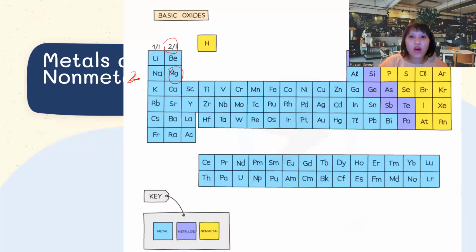And then oxygen: where is the position of oxygen? Oxygen is in group 6, so it has 6 valence electrons in its last shell.